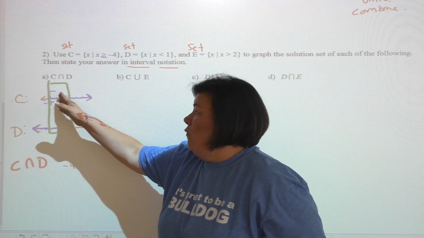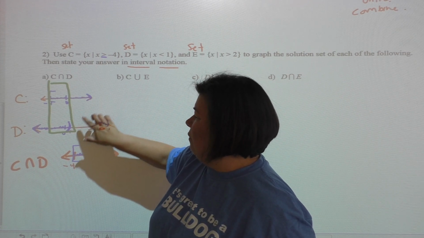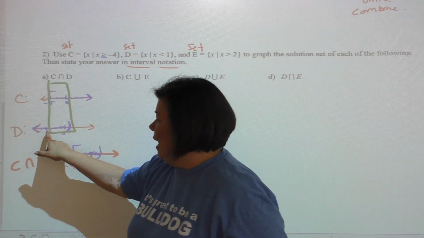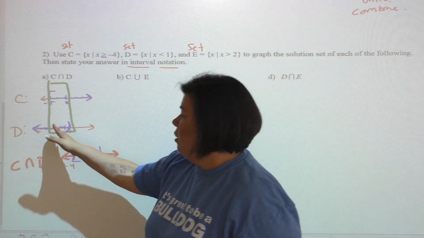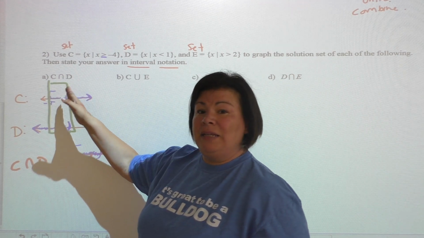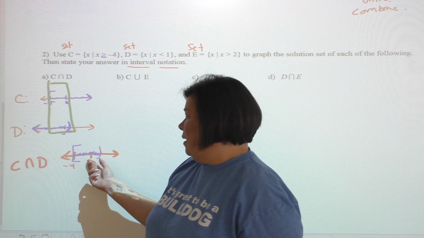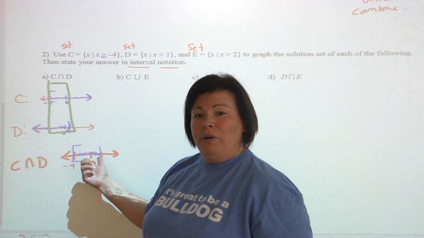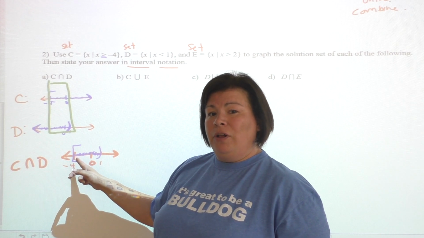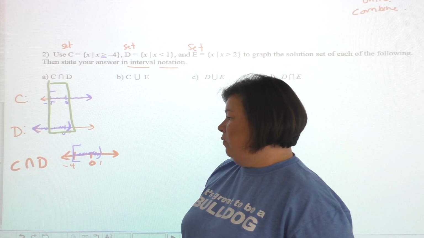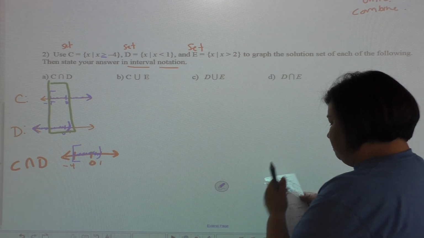And if you see the overlapping, I can't keep this part because this is not graphed in set D. I cannot keep this part of set D because this was not graphed in set C. The only overlapping that took place in both, because remember, intersection means where they both overlap, is everything between -4 and 1. -4 included, 1 not. So we have a closed interval at -4 and an open interval at +1. So that's my graph, that's my solution.